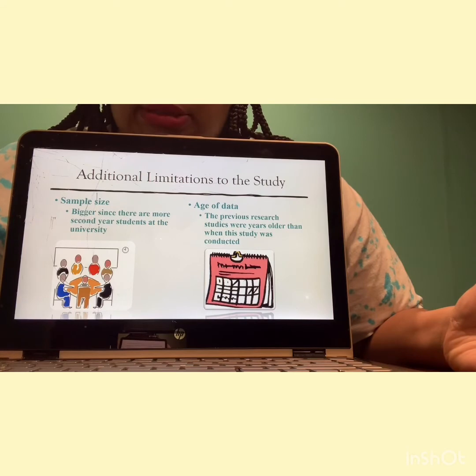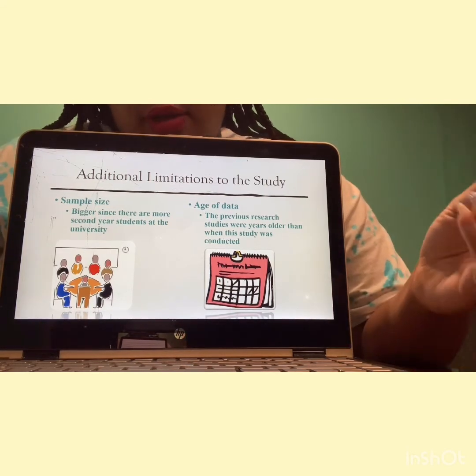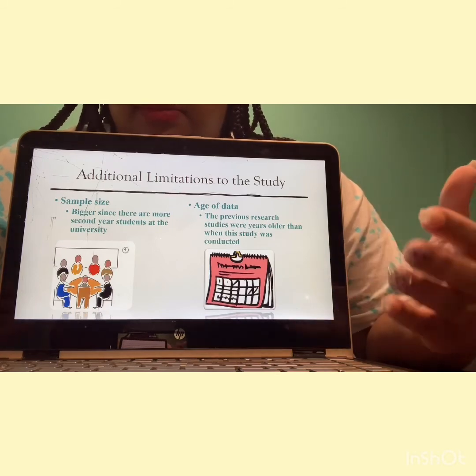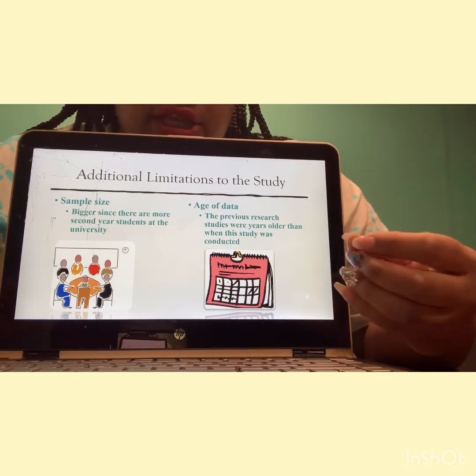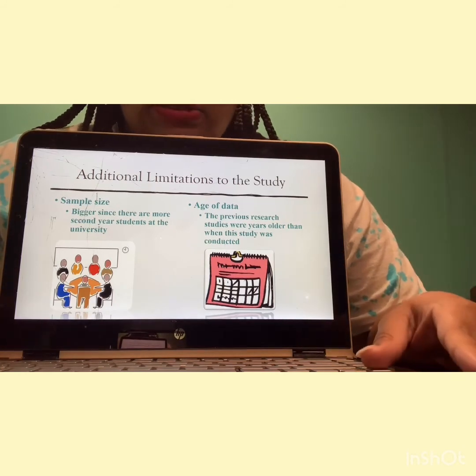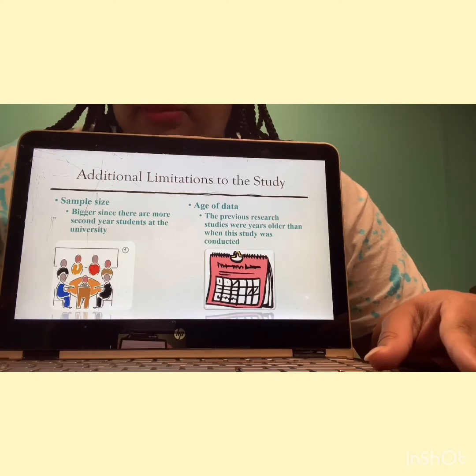So I'm not going to say that it's not relevant, but having more up-to-date data could be a little bit more relevant when stating a problem because things change a lot. So the age of the data and the sample size could have been an additional limitation to the study.